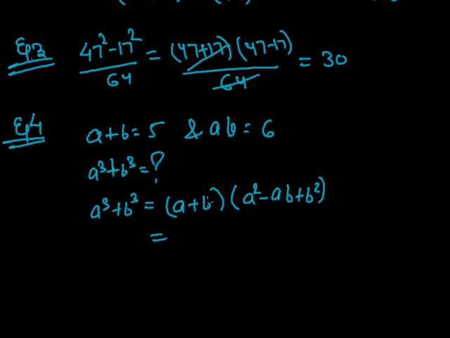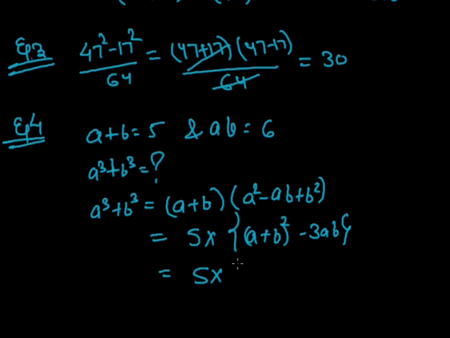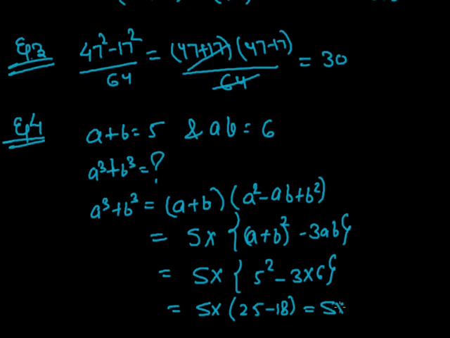We have the value of a plus b, so we can write it as 5 into a plus b whole square minus 3ab. By substituting the values we have 5 into 5 square minus 3 into 6, that is 5 into 25 minus 18, that is 5 into 7, that is 35. This is our answer.